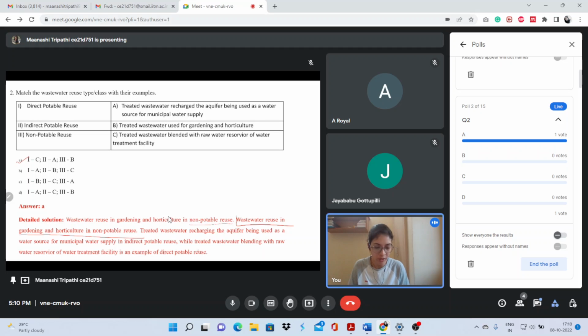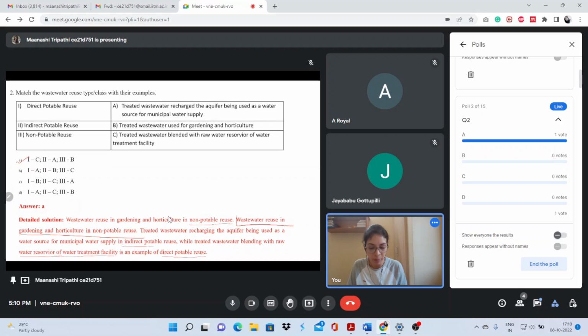And in direct potable use, we are able to clearly see that we are blending wastewater with the raw water reservoir of the water treatment facility.